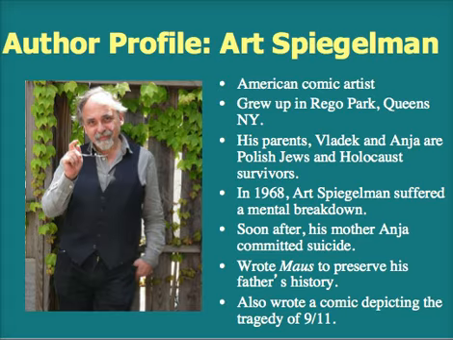We learn in book one that Art Spiegelman suffered a mental breakdown, depression, in 1968, and we see him struggling with depression a little bit over the course of book one and book two, especially when he's trying to get over the difficulties of representing the Holocaust and his father's experience.